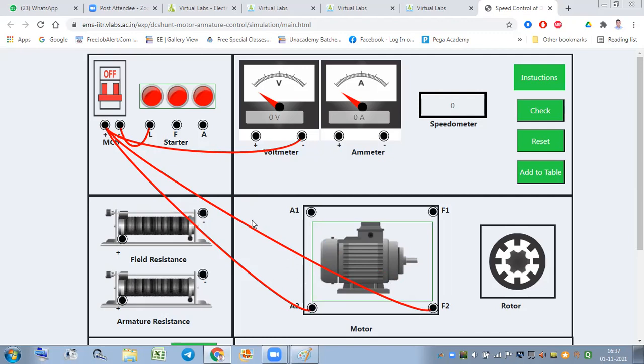Now we have to connect the F field terminal of the starter to the ammeter.